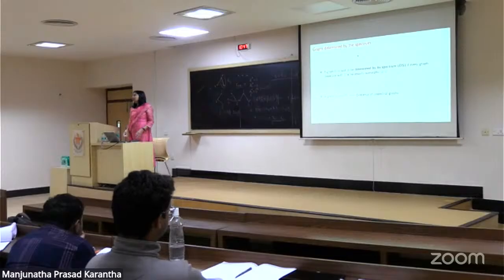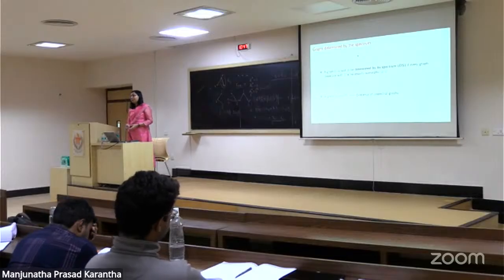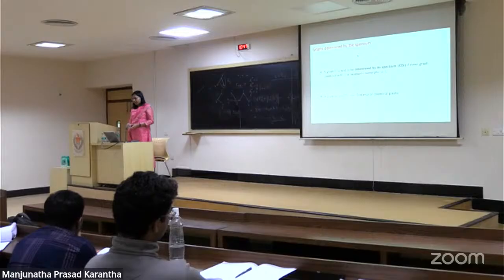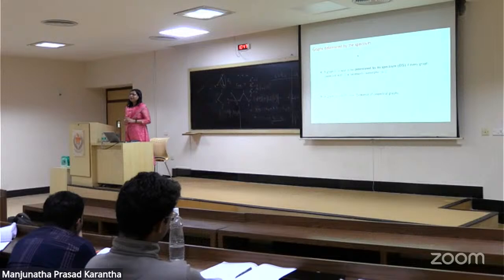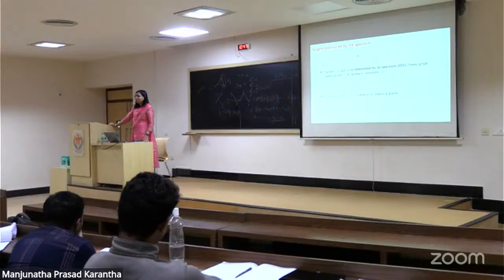Another problem is to understand which graphs are determined by their spectrum. If you know that the complete graph has the Laplacian eigenvalues 0 and all the others equal, whether there is another graph with the same spectrum, or the complete graph is the only graph with that spectrum.